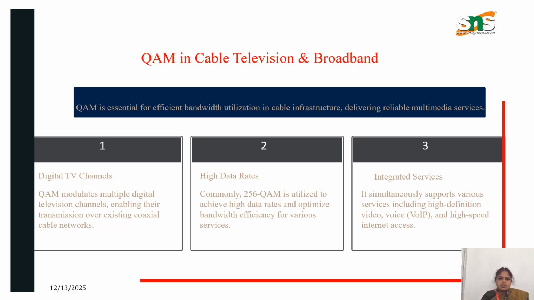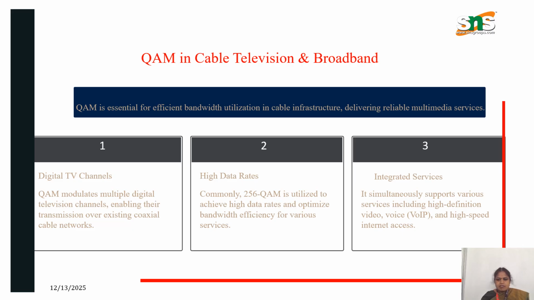The main purpose of quadrature amplitude modulation is that it is essential for efficient bandwidth utilization and it delivers reliable multimedia services. Where do we use it? In digital TV channels, with high data rates and integrated services.